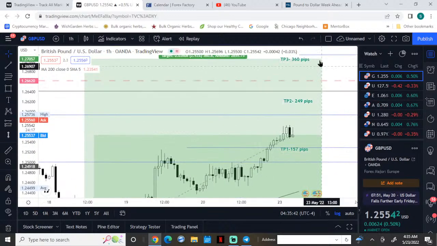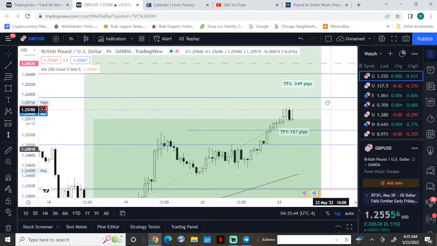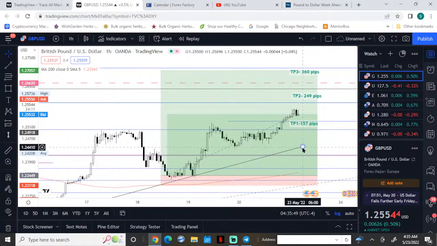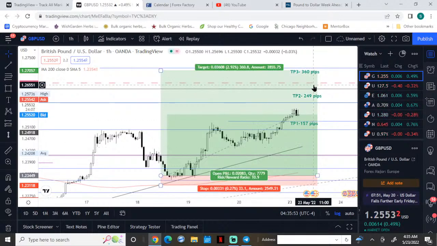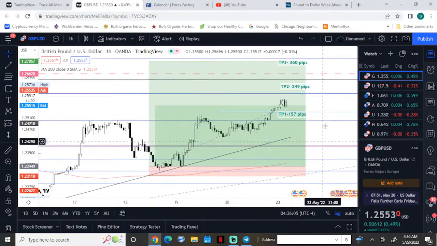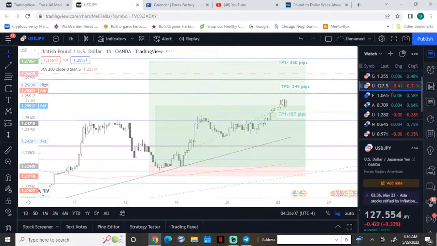Even though I still do think it's going to come up here, but I think I can get a better position because I do think it might come back down here, retest this trend line to come back up. But it's a waiting game.